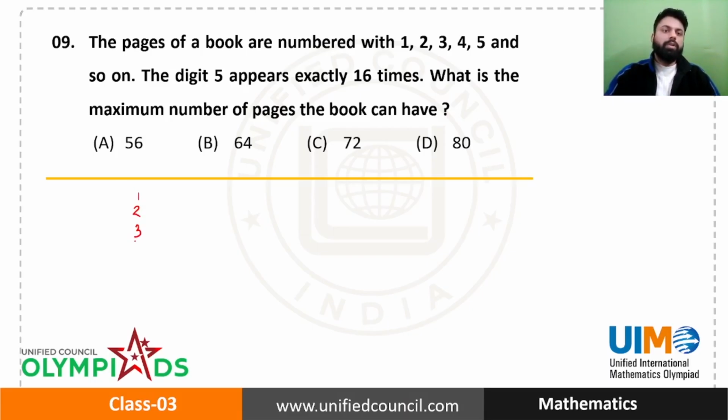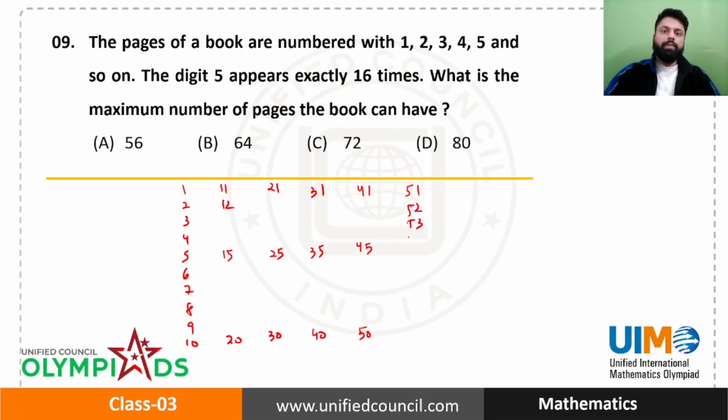So 1, 2, 3, 4, 5, 6, 7, 8, 9, 10, then 11, 12, and then we have 15, then 20, 21, then 25, 30, 31 and 35, then 40, 41, then 45, then 50, then we have 51, 52, 53, 54, 55, 56, 57, 58, 59, 60.